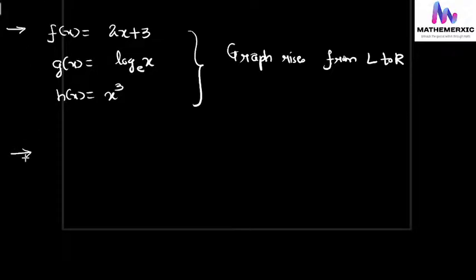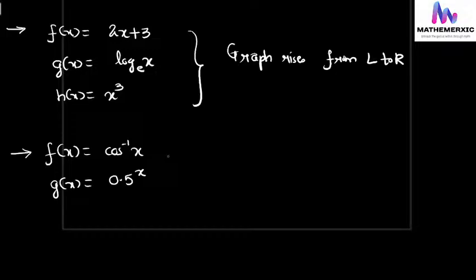The second part is now functions like f(x) is equal to cos inverse x. Let us say any other function like g(x) is equal to 0.5 to the power of x. They always decrease with increase in the value of x.